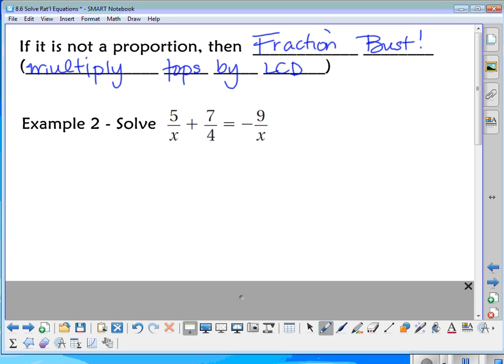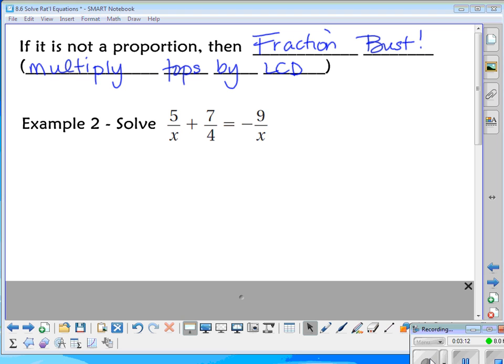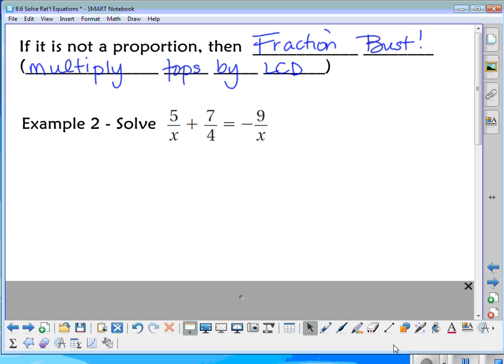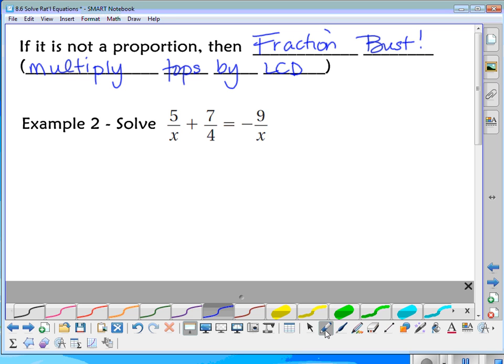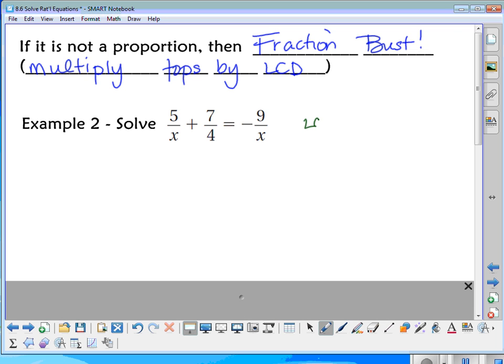So for our first example, we've got 5 over x plus 7 over 4 equals negative 9 over x. All right, so if I look at this equation, my lowest common denominator is going to be what? Just 4 times x, yeah, 4x.